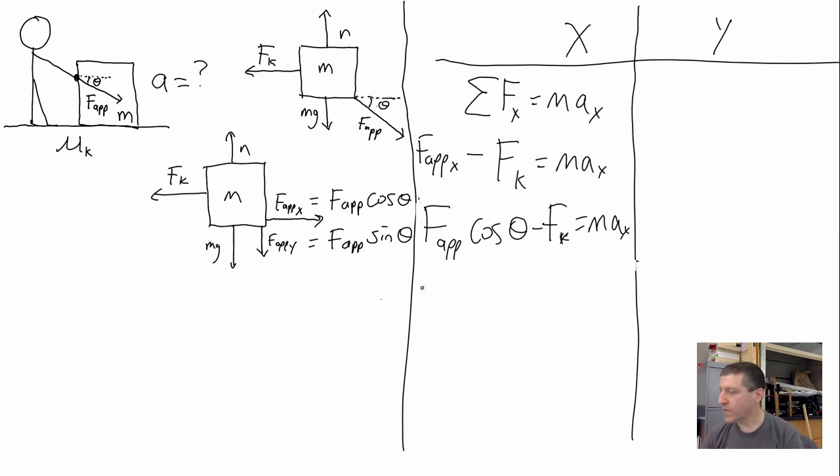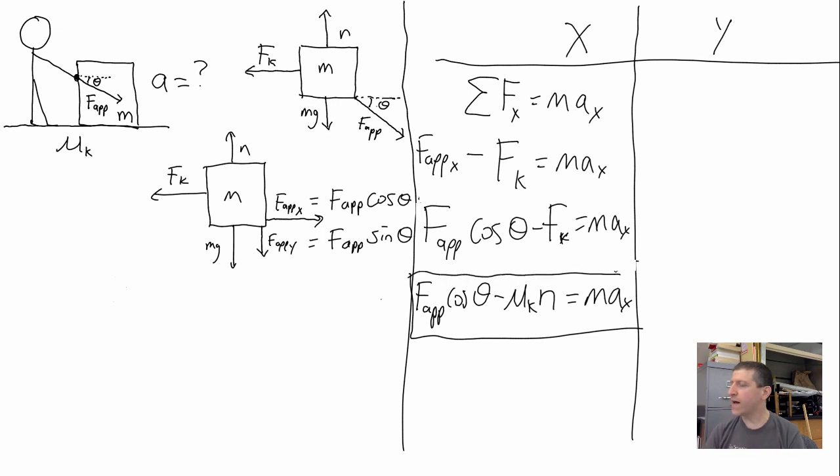I can get more specific by saying F app cosine theta minus mu k times the normal force. I use little n. You can use F sub N if you wish. Equals max. But here again, I do not know the normal force. That's as far as I can get on this side.